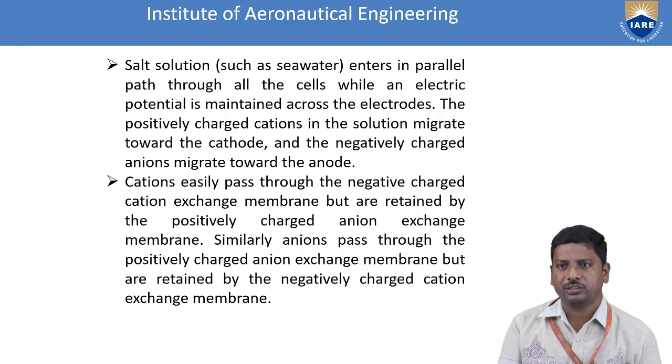Similarly, anions pass through the positively charged anion exchange membrane but are retained by the negatively charged cation exchange membrane. Based on this, we can understand how to remove the cations and anions.